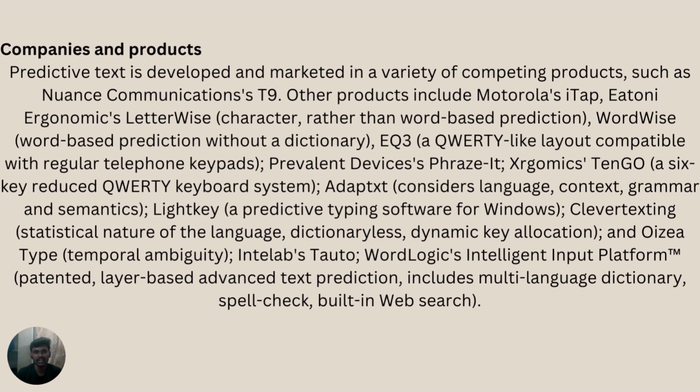Adaptxt considers language, context, grammar, and semantics. LightKey, a predictive typing software for Windows. Clever Texting, using the statistical nature of the language, dictionary-less, with dynamic key allocation. And Intelab's Swype-type, with temporal ambiguity. Word Logic, an intelligent input platform with patented layer-based advanced text prediction, including a multi-language dictionary, spell check, and built-in web search.